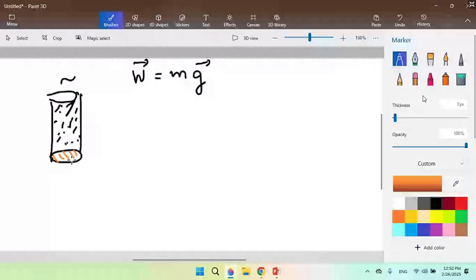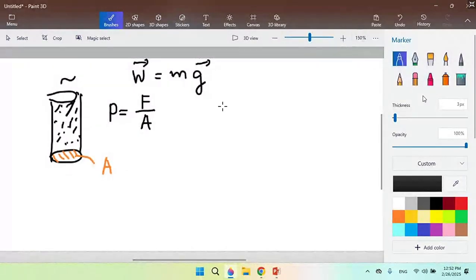area. Suppose it, let me denote it by A from area. Let me begin with the general formula for defining pressure, being force per unit area.